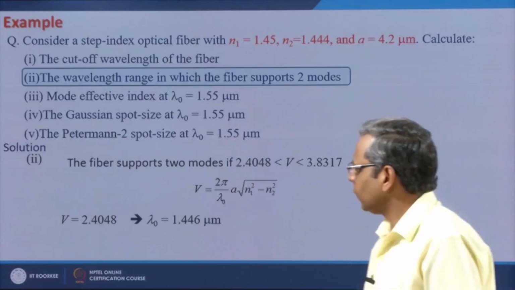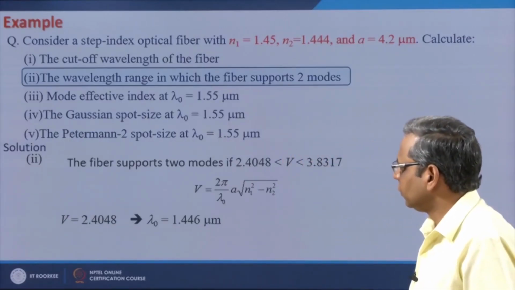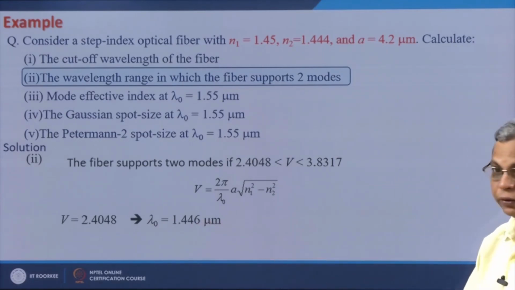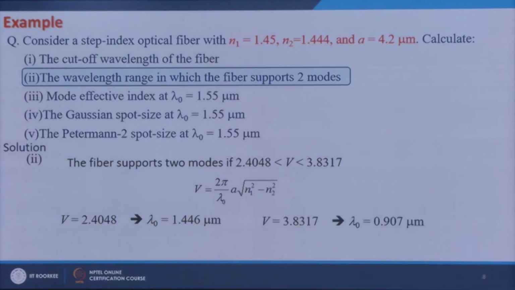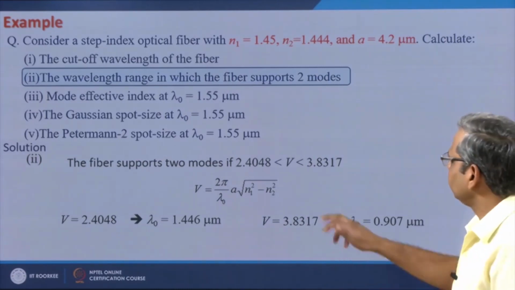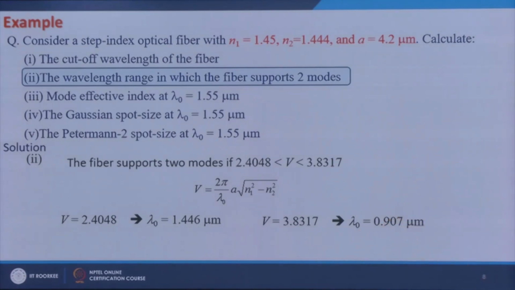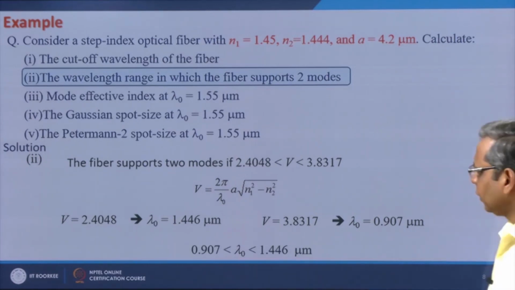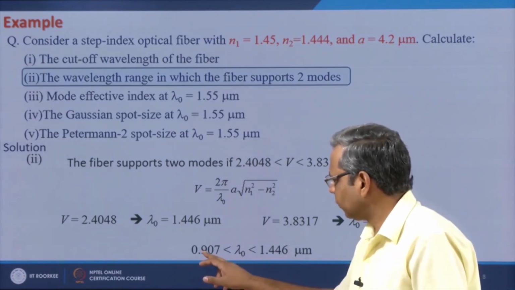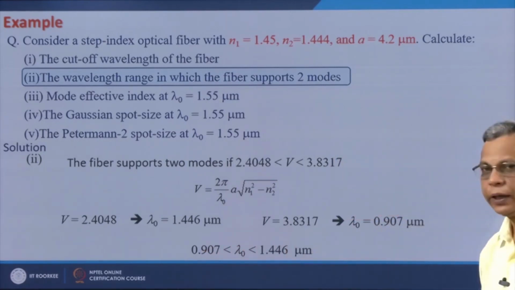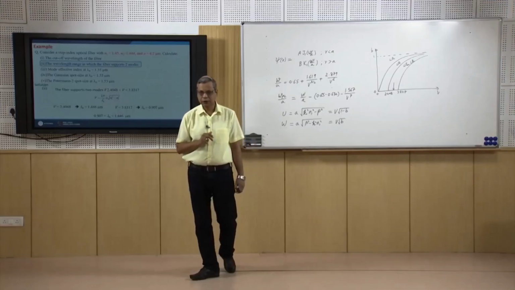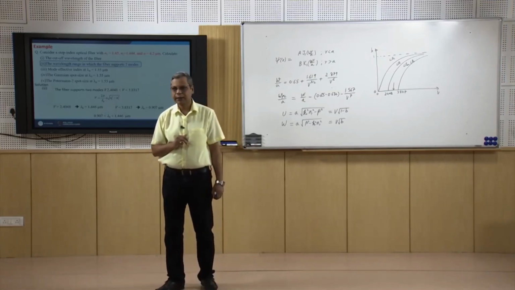So, V equal to 2.4048 will correspond to lambda naught equal to 1.446 micrometer, which we had done in the previous part itself. This is nothing but the cutoff wavelength, and corresponding to 3.8317 lambda naught comes out to be 0.907 micrometer. So lambda naught should lie between 0.907 and 1.446 micrometer, so that there are only two modes guided, LP01 and LP11.